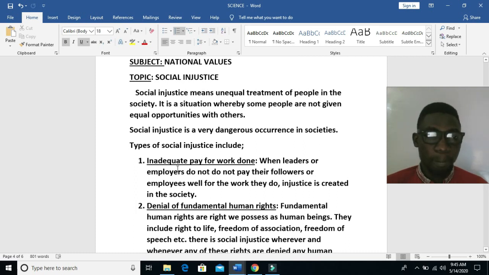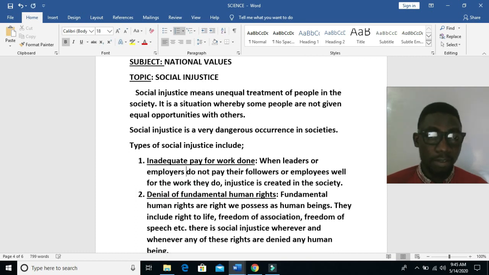Let's quickly look at the types of social injustice we can find in our society today. Number one, inadequate pay for work done. When leaders or employers of labor do not pay their followers or employees for the work they do, social injustice is created in the society.